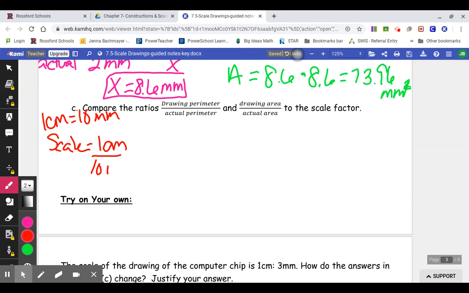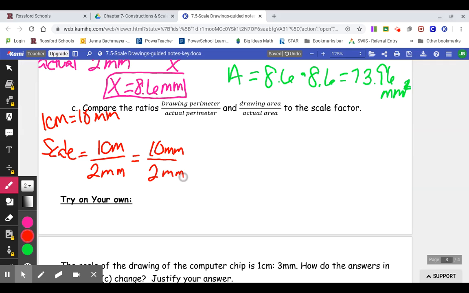So this is just our scale. Now I'm going to convert centimeters to millimeters. So I have 10 millimeters to 2 millimeters, and I can reduce that, and I get a ratio of 5 to 1.